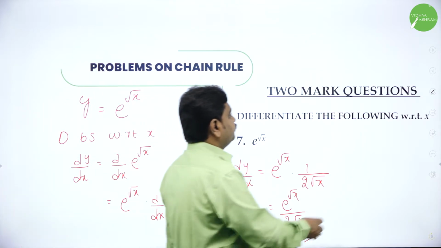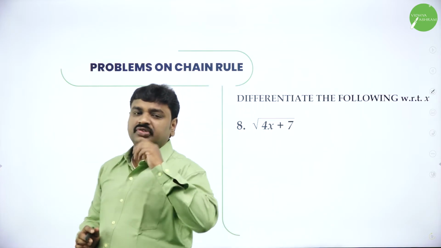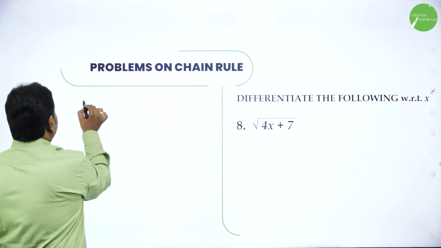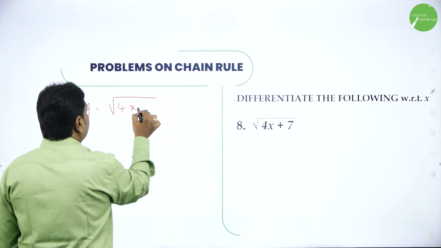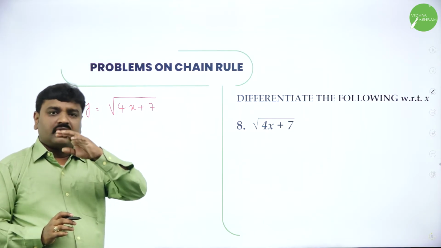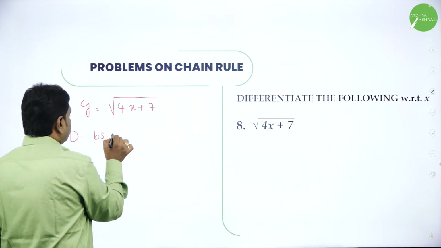Next we have root of 4x plus 7. This is the first type of problem we started. So y is equal to what is given? Root of 4x plus 7. It is in what form? It is in the form root f of x. So differentiate both sides with respect to x.